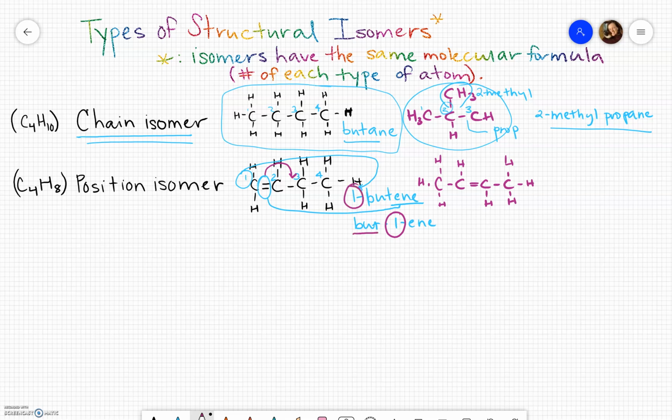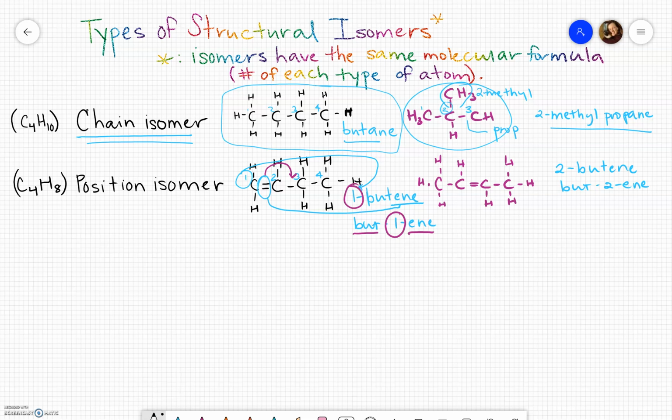There's still 4 in a row, and there's still a double bond. Nothing else has changed. So I would name it now with a 2-butene, or but-2-ene. And this actually will have a factor in how it's going to react. And we'll see that more with the next unit.